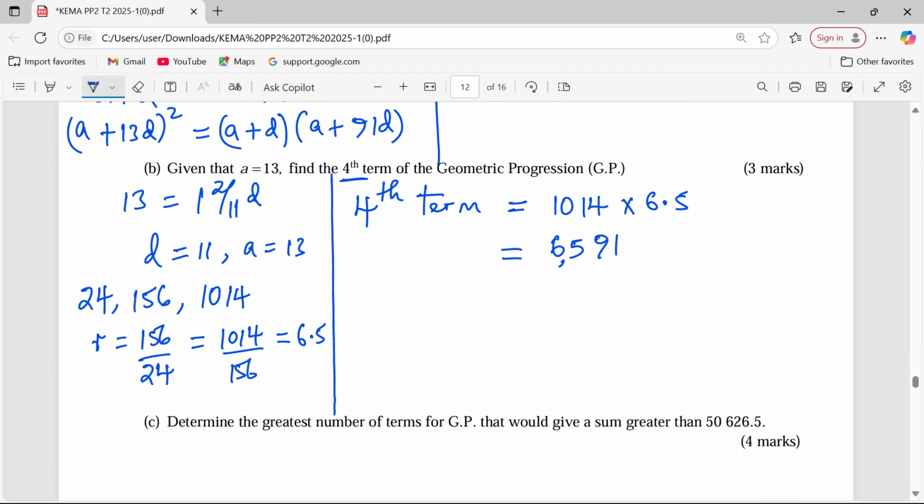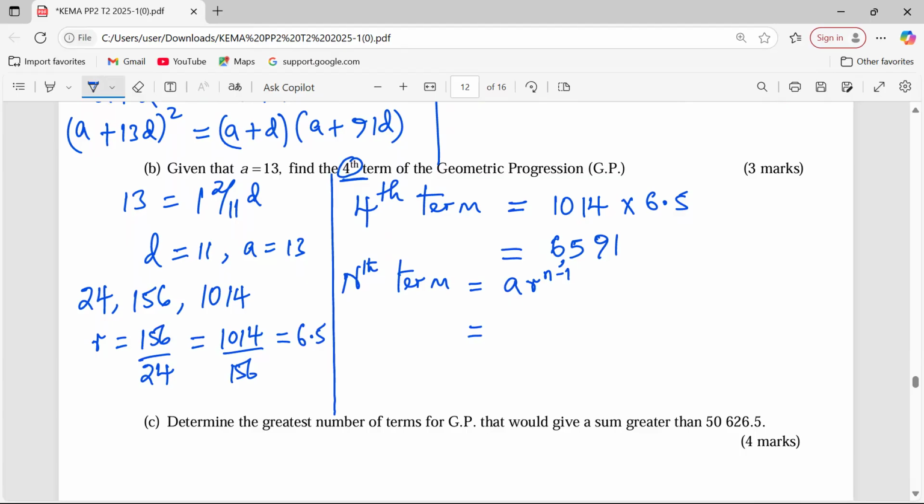Can I advise learners to also know how to get any of the terms in a geometric progression? Any of the terms is generally given by A R power n minus 1.